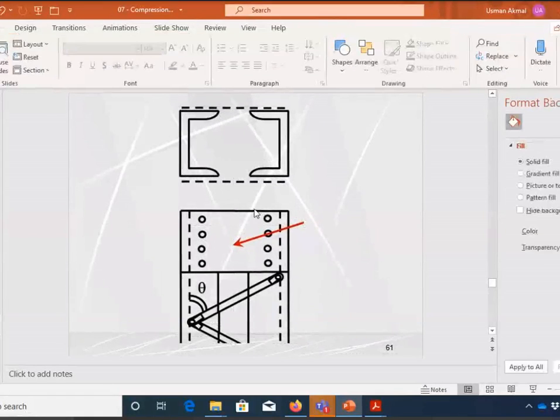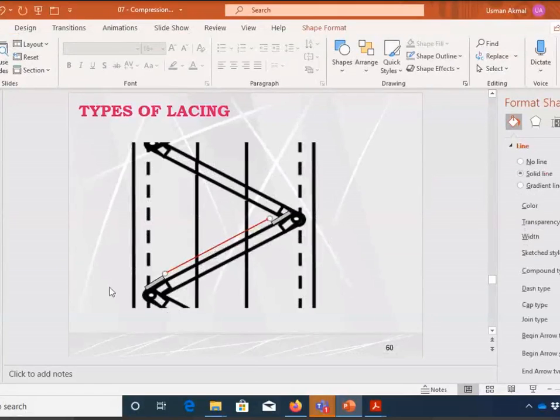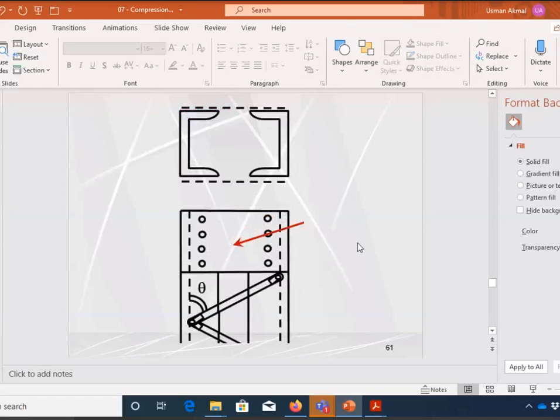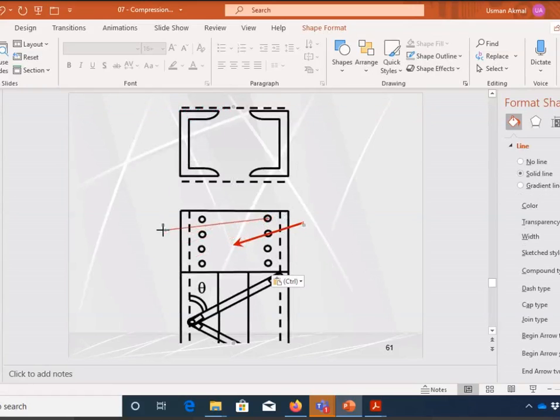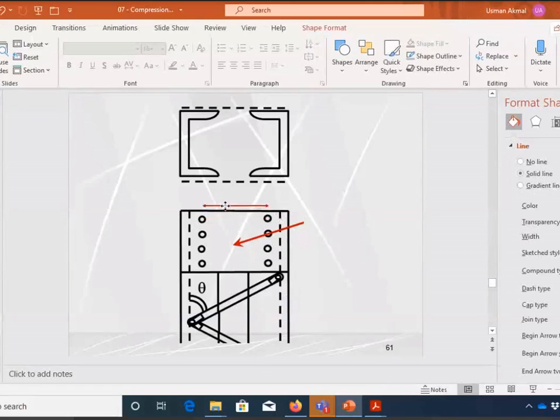Okay, what is the S value? S value is the distance, center to center distance. So S is the distance, center to center distance between two lines of fastener in two members.